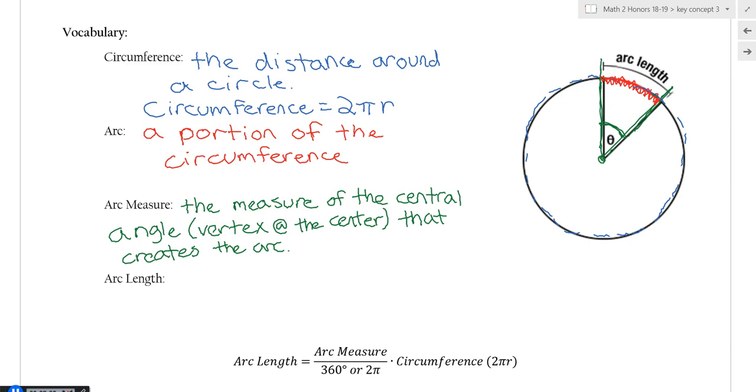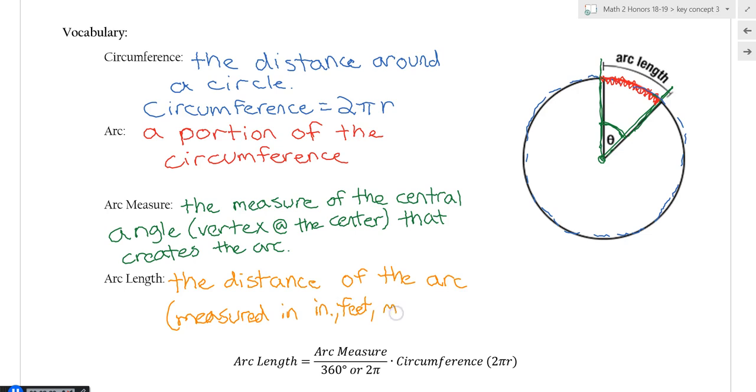The arc length is the distance of the arc. Okay, so this is measured in inches, feet, meters, etc. For the arc measure, it's an angle, so it's measured in degrees or radians, which we kind of talked about.